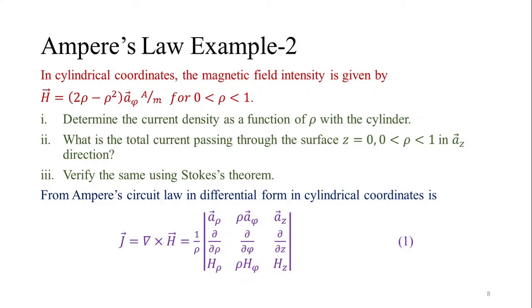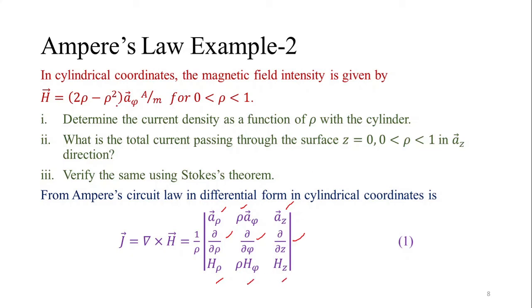Okay, so from Ampere's circuital law in differential form in cylindrical coordinates, J vector is del cross H, that is equal to 1 by rho times the determinant of A rho, A phi, Az; dou by dou rho, dou by dou phi, dou by dou z; H rho, H phi, Hz.